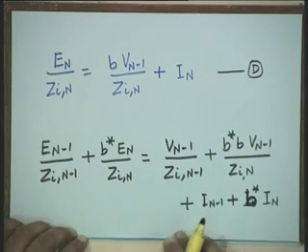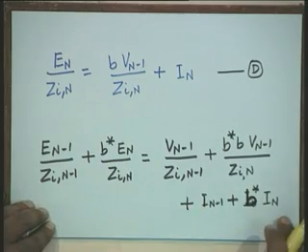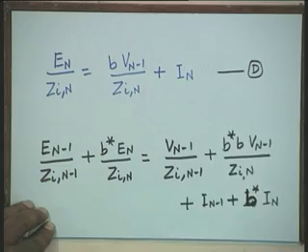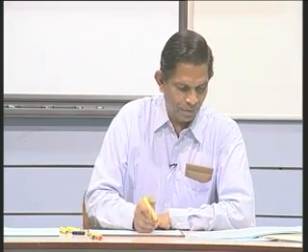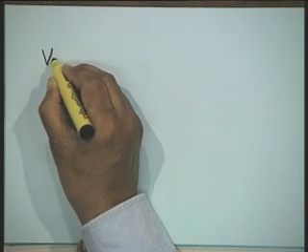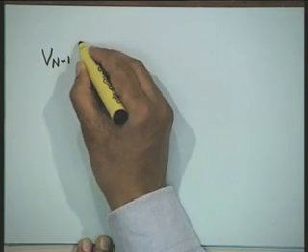Now we can easily see one very interesting thing here, that this is the equivalent current that is to be injected at the particular bus V n minus 1. Therefore, now we can write down this whole thing. We write down this first term V n minus 1, I take it out.